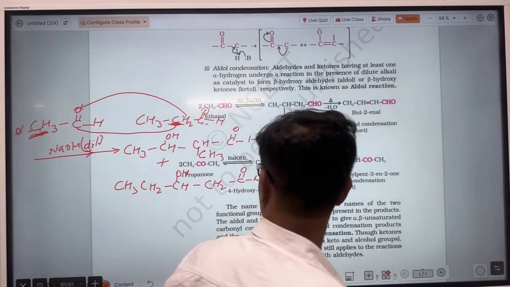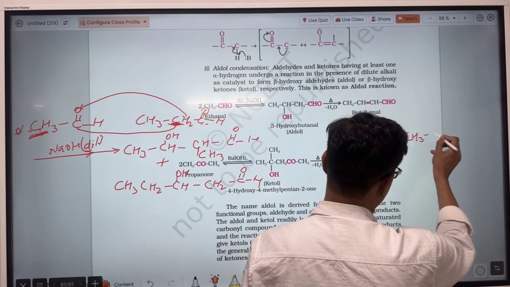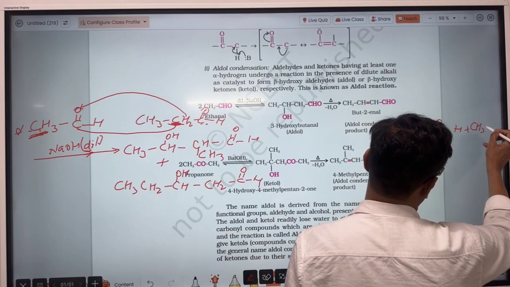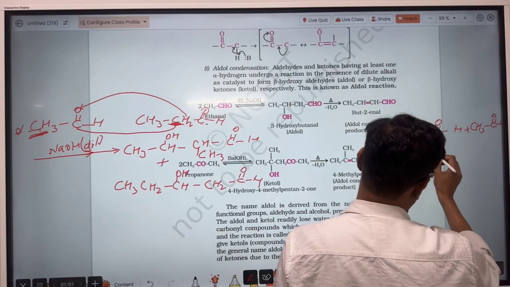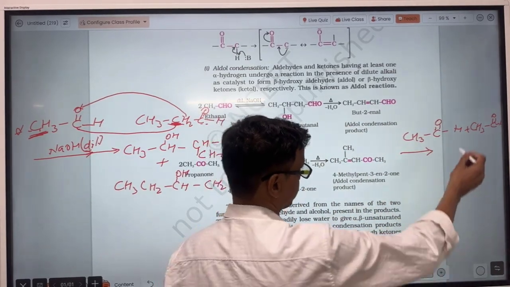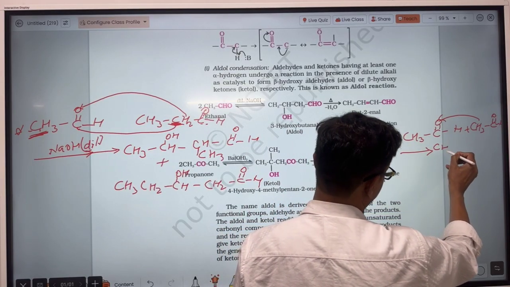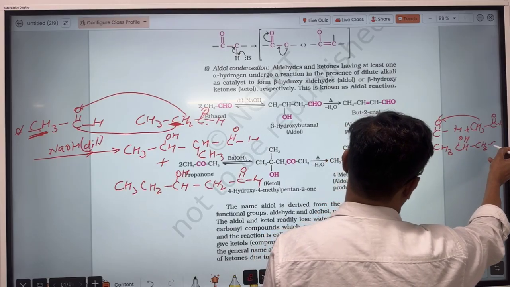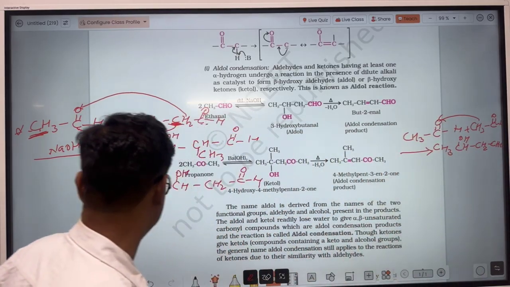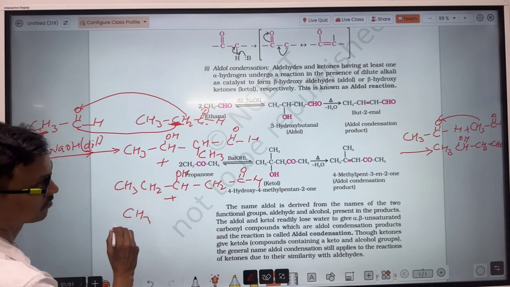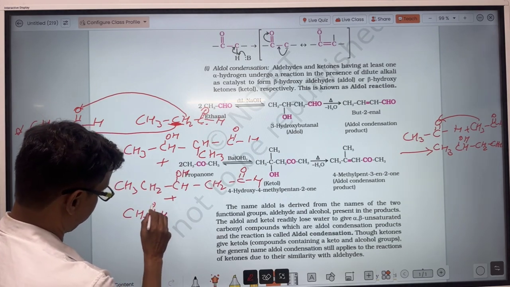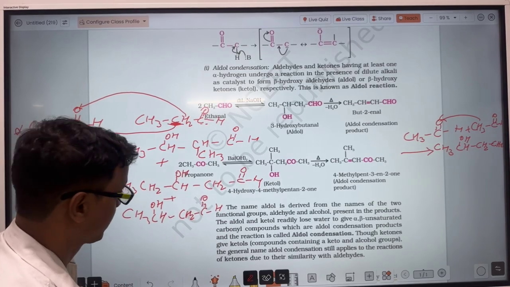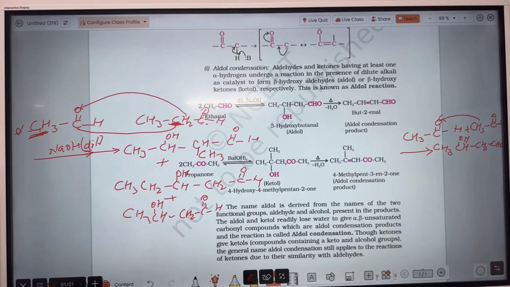second is that. Now the third one is the aldol condensation reaction in ethanal also, here and here. We have already discussed that. So this hydrogen goes to this oxygen. Third one is that, and the fourth one is the same.